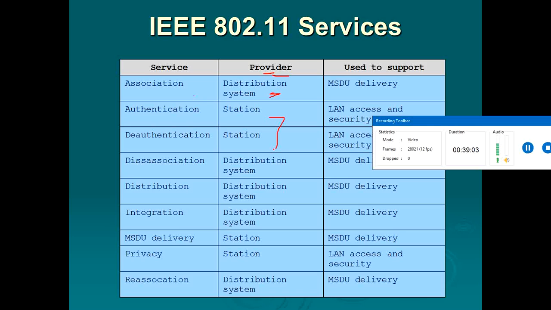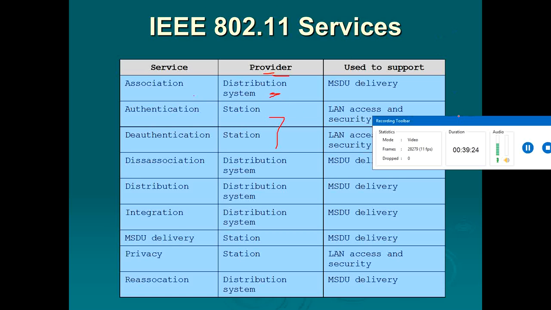Station services are implemented in all the stations that have 802.11 functionality, and distribution services are provided between the basic service sets, and may be implemented in an access point or in a special service device which may be attached to a distribution system.